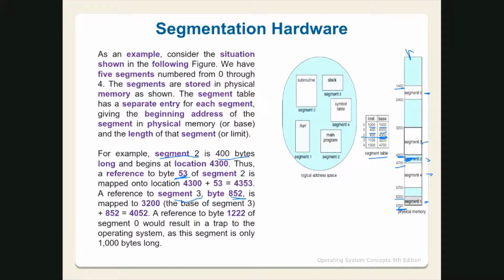For segment 3, the limit is 1100. So it is less than 1100. Now add the offset with the base. What is your base? 3200 plus your offset, which is 852. When you add these two, you get 4052. It's somewhere here. I don't know exactly the location, but that's fine.